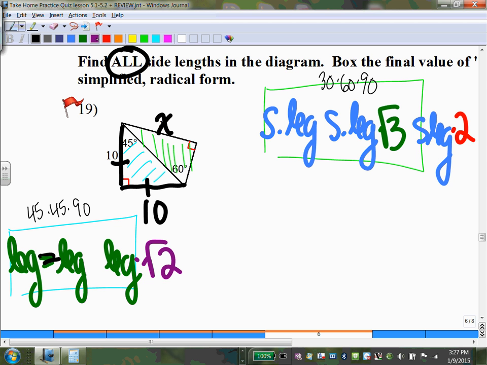Now to go this way, you're going to times by root 2. So we're going to get here 10 times root 2. That's just 10 root 2.